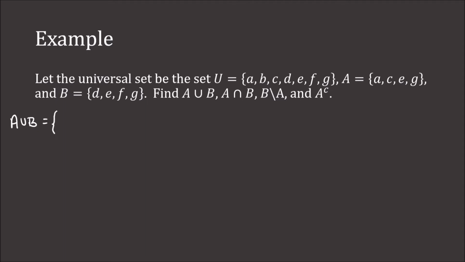Well, remember, it's the set of all elements that are in A or B. So we look, it's all the elements in A and all the elements of B except any duplicates. So it'll be A, C, D, E, F, and G. A intersect B, remember, is the set of elements that are common to both of them.